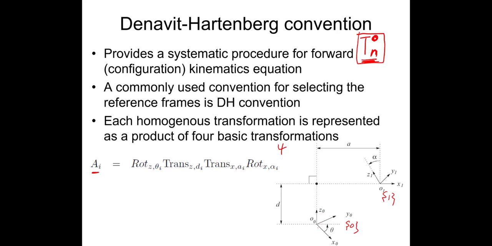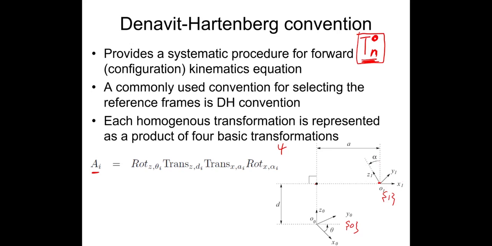Then we need to move along the Z0 axis with the distance d. Then we move from this point to the final position with the distance a, and finally we rotate around the x1 axis with the angle alpha.